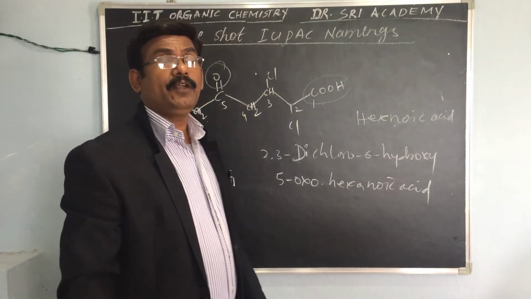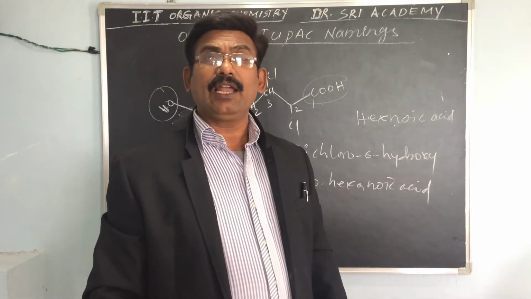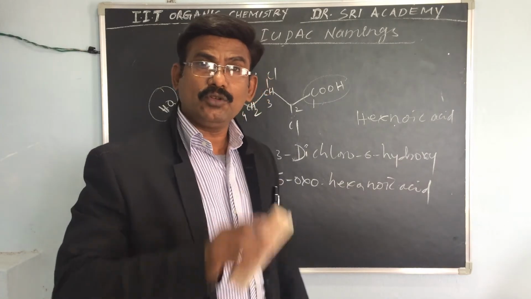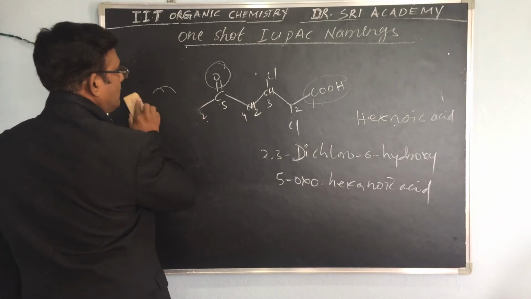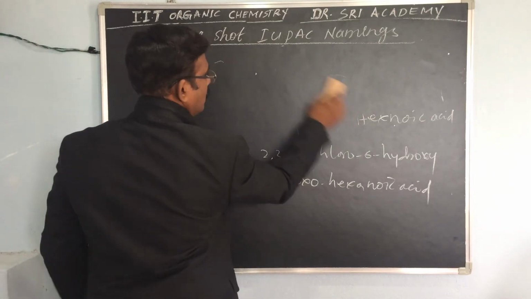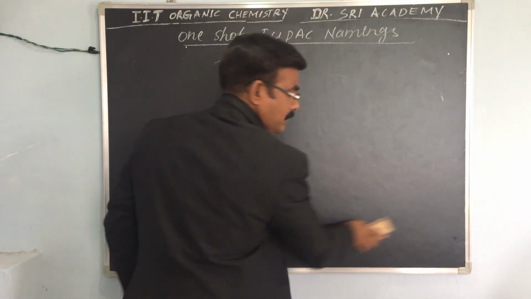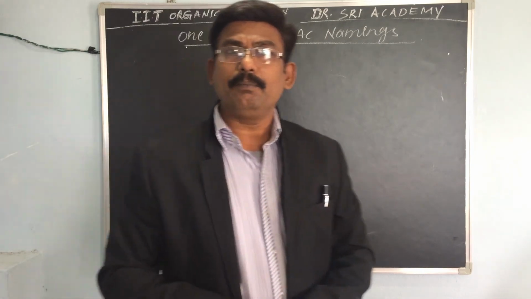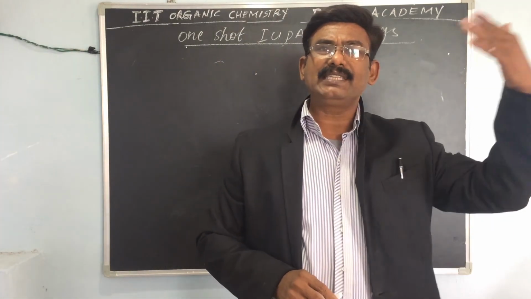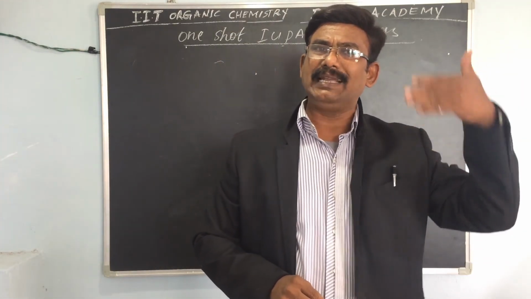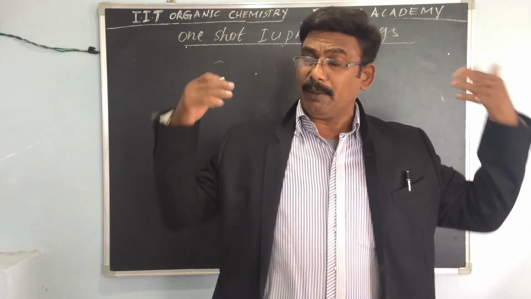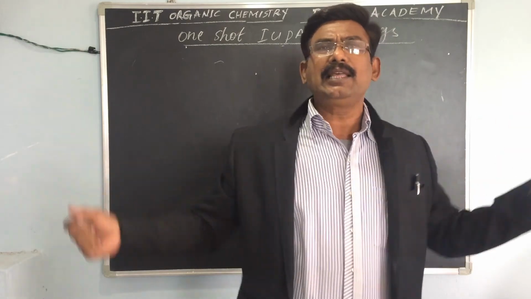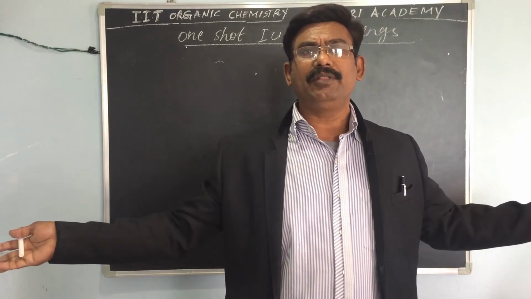If you want one more difficult question, I will give homework on priorities. Please note down everything. One more, bigger one you have to take: sulfonic acid, amide, hydroxy, nitro, keto, acid, double bond and triple bond. All these things in one compound, how can you give that name?